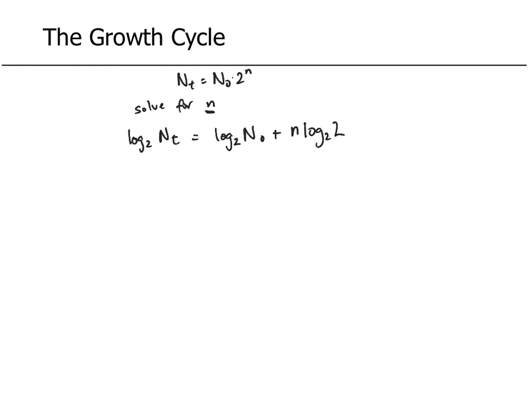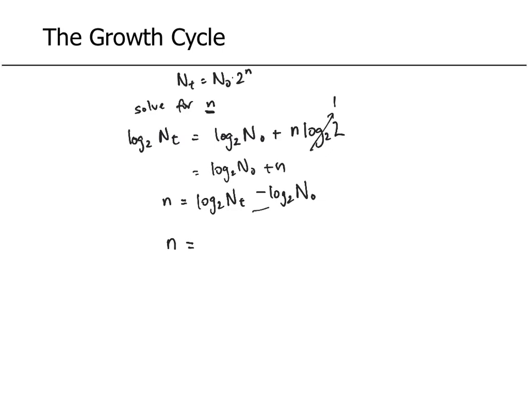Okay, so this was basically just taking the log of both sides of the equation. Now this log base 2 of 2 essentially is 1, and so now you get this is equal to, and now we're going to move everything onto the other side and solve for n. But now again, remembering your rules of logarithms, this subtraction here becomes division.